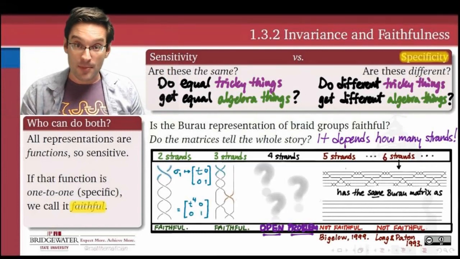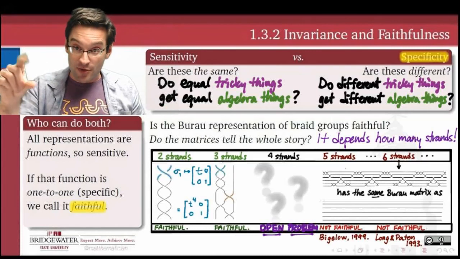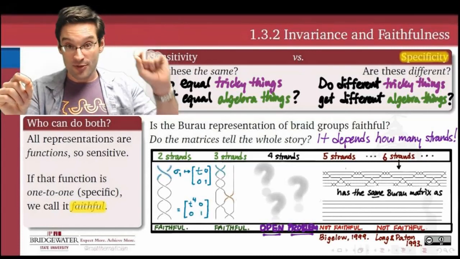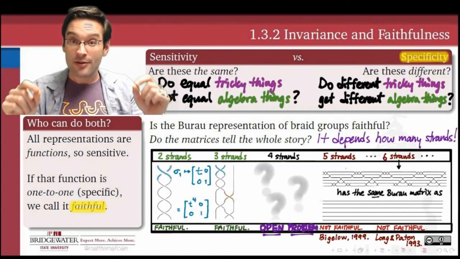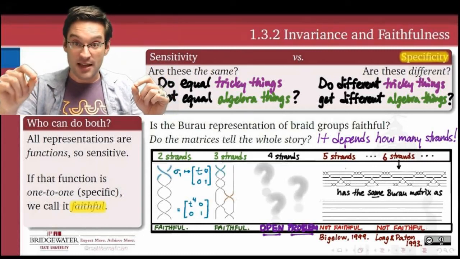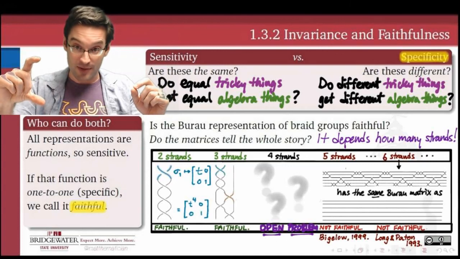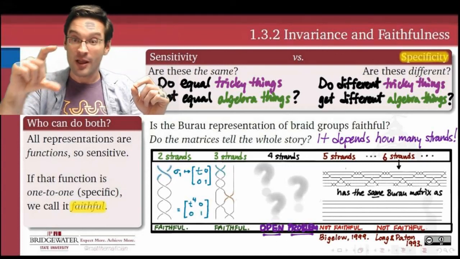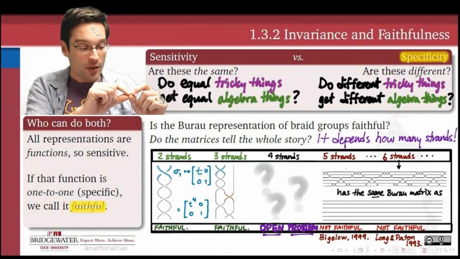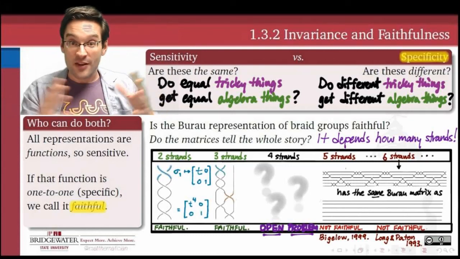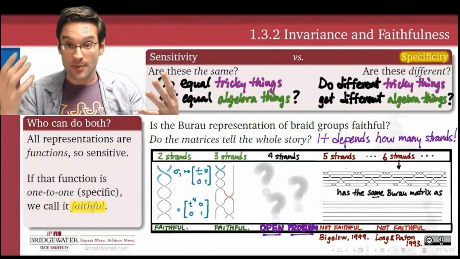Even though every representation assigns to the same elements in my group the same matrix over here in matrix land, not every representation is capable of detecting differences in group elements, because different group elements can in general have the same matrix that represents them. And so the golden key to the kingdom is a faithful representation where the matrix story is the same as the group story.